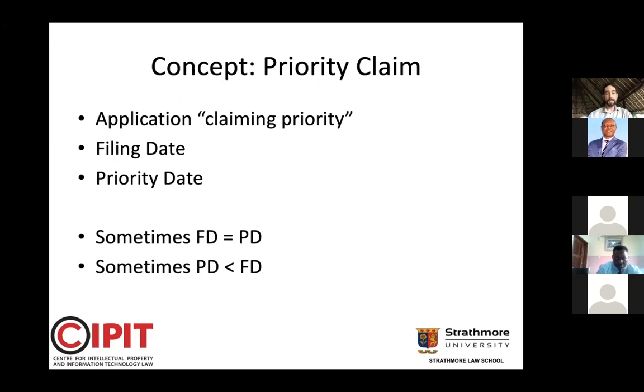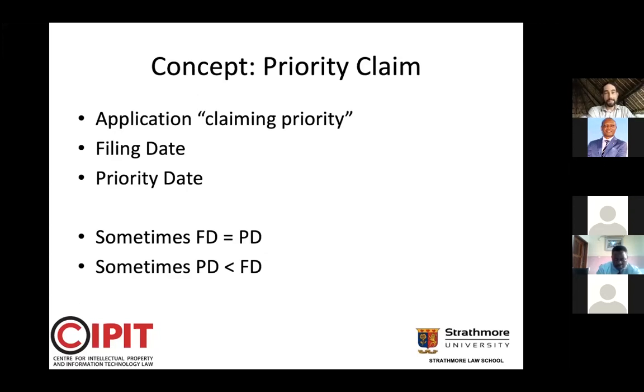Let's say I file an application today and it claims priority to another application that's already on file. Then the priority date of my application filed today is the filing date of the priority application that was previously filed, okay?